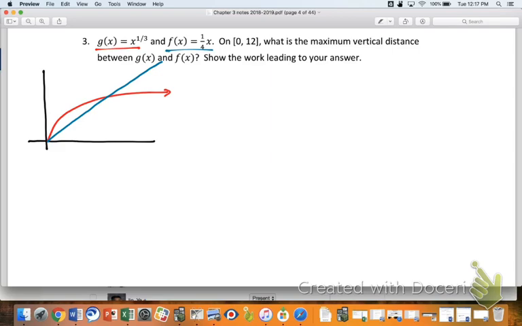Am I doing that right, roughly? It's pretty close. They do intersect, don't they?